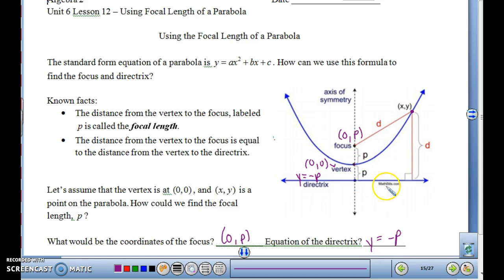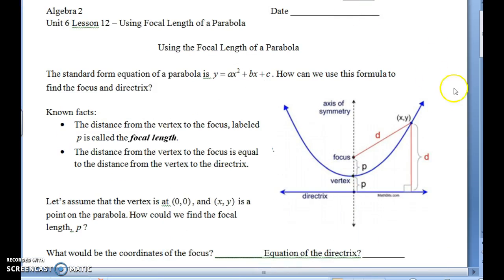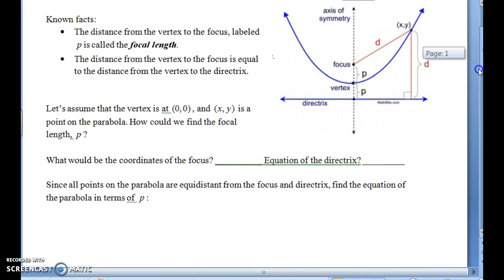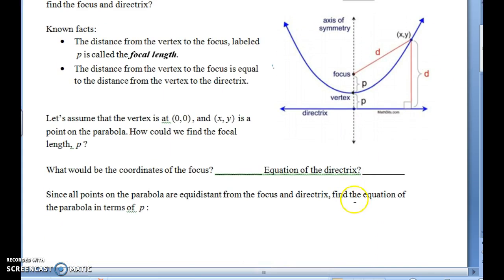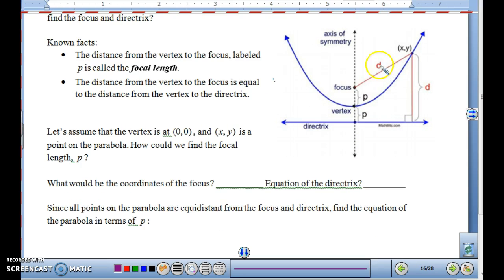All right, so what we need to figure out is what the distance is here and what the distance is here. So if we know those values, I can take the distance formula and figure out what this distance d is. We said this was 0, p.